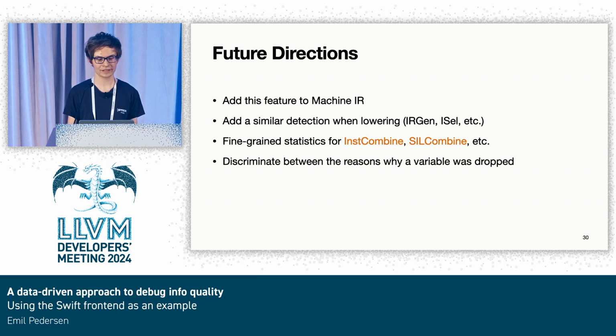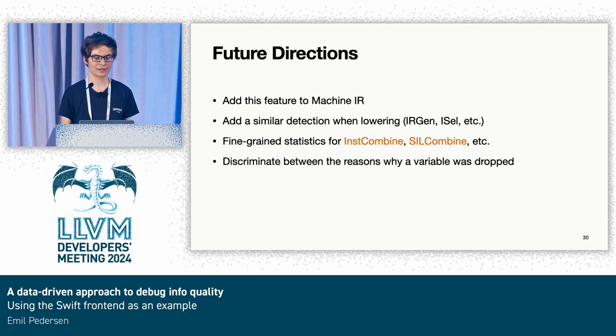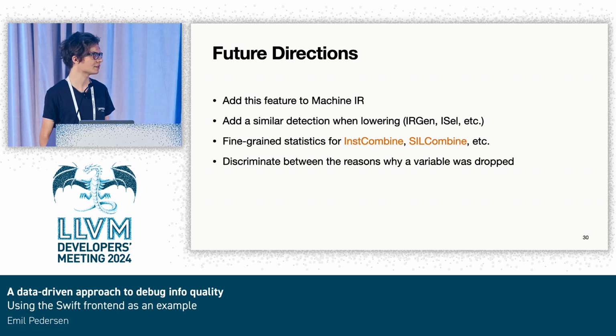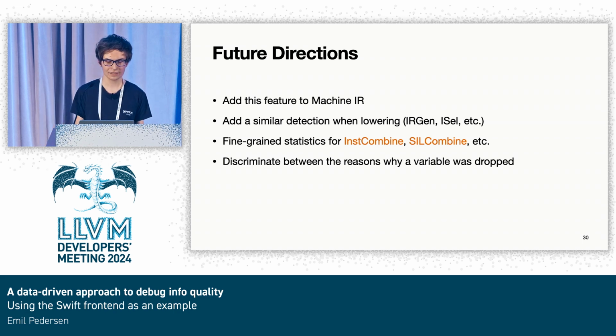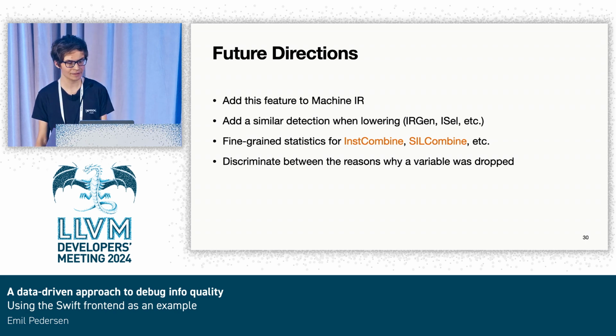The LLVM IR patch was merged recently, and we could also add similar patches to different stages, such as machine IR. But we could also add them between stages, like from SIL to LLVM IR, or from LLVM IR to machine IR.